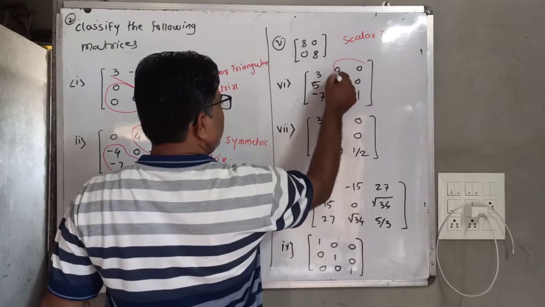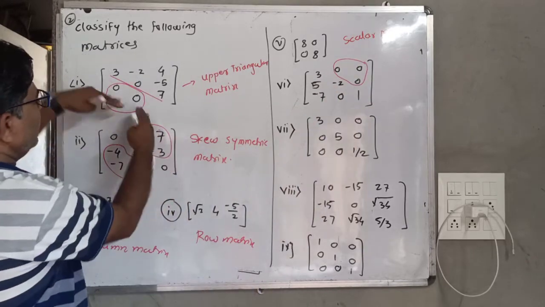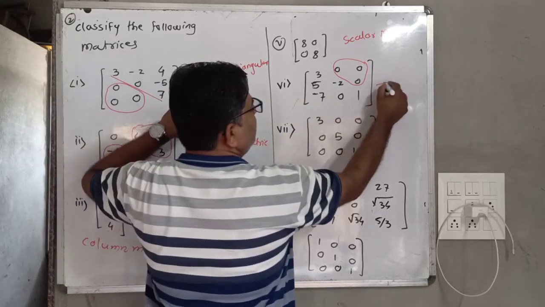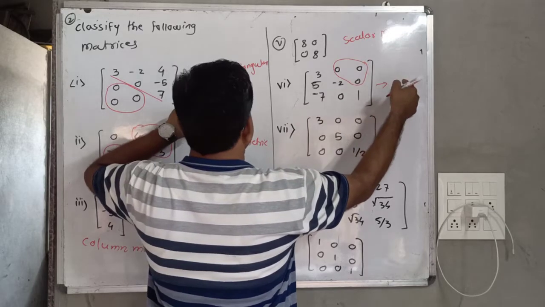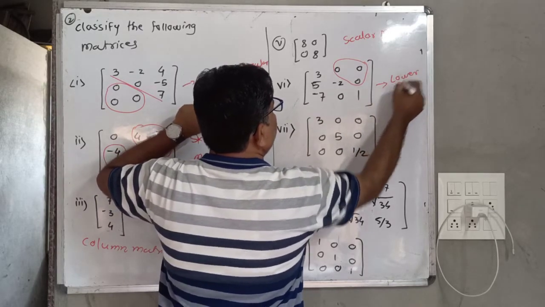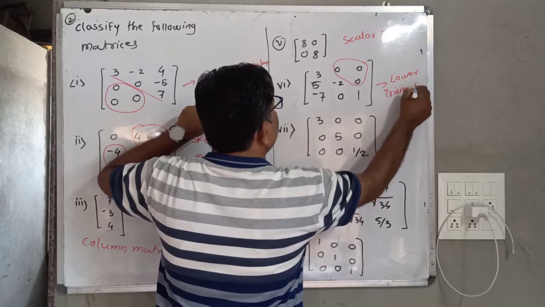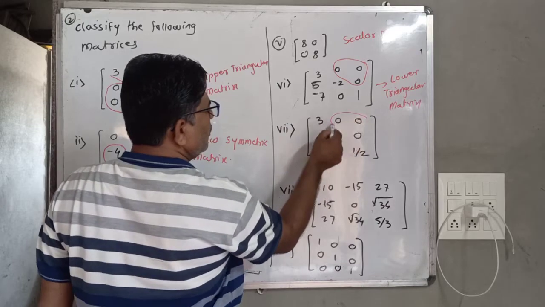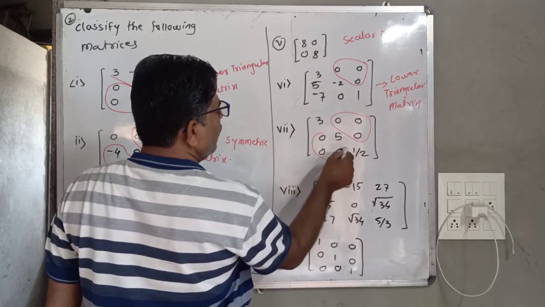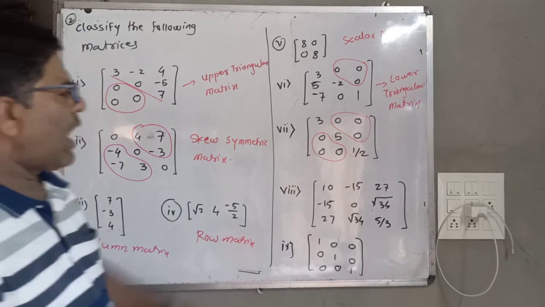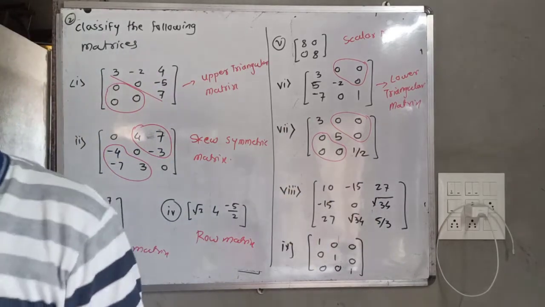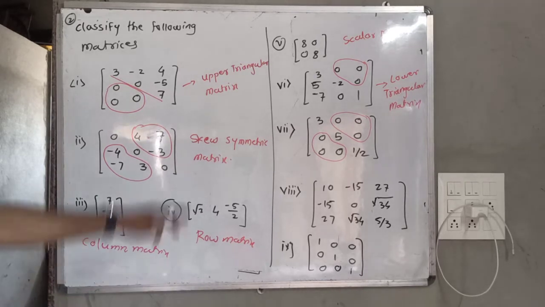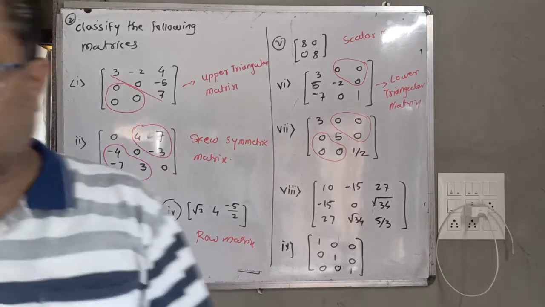Here the elements above the diagonal are 0, therefore this will be a lower triangular matrix. Here all the non-diagonal elements are 0 and the diagonal elements are present. It can be any number. Then what is this matrix called?